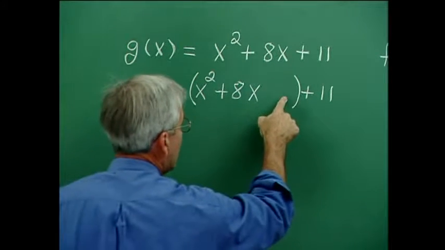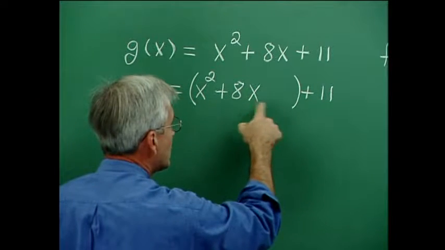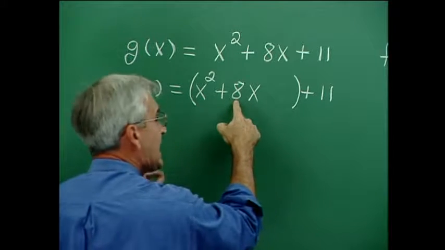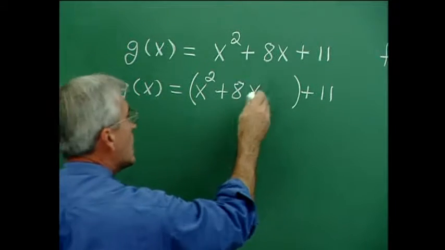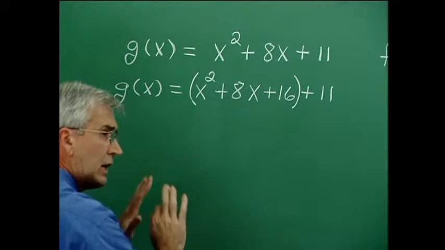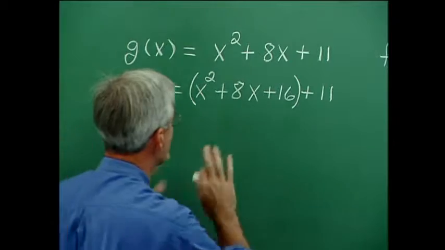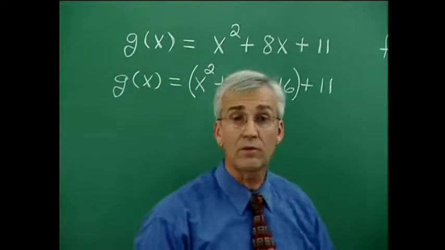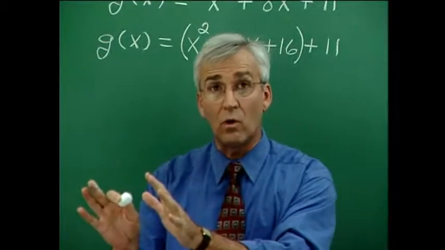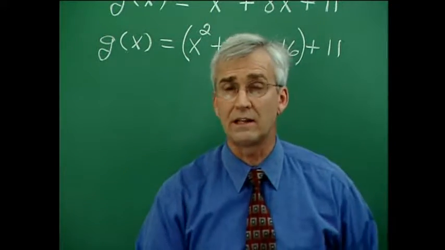Well, we identify that constant as half of the coefficient of this term, squared. Now, the coefficient in this term is 8. Half of 8 is 4. 4 squared is 16. So we'll add 16 here. But we are causing an imbalance in the equation. Now, in some circumstances, mathematically, when we go through the process of completing the square, if we add an amount on one side of the equation, then we have to add it on the other side of the equation to maintain the balance.